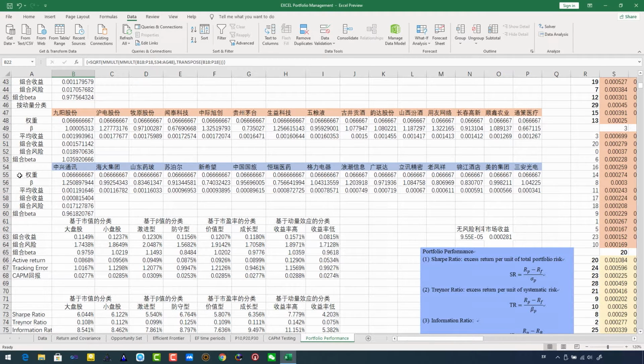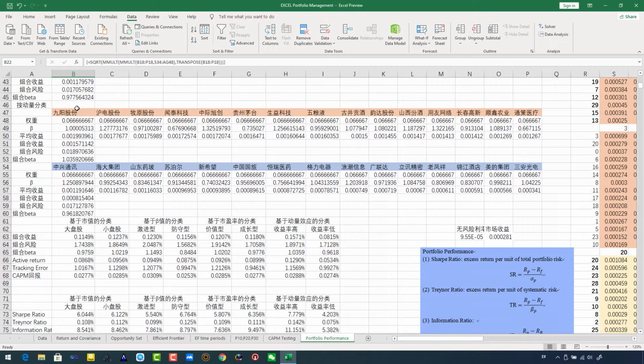So that's all from the multi-factor model, and we know the momentum effect is based on last year's winners. The stocks that last year earned money, we assume it will continue growing.